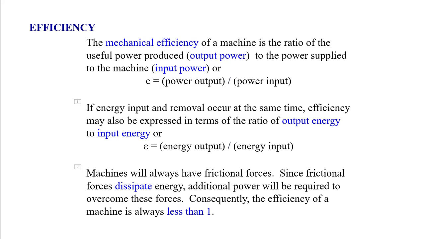And machines always have frictional forces, so we're always overcoming it. And since frictional forces dissipate energy, our efficiency of machines is always less than 1. All right. And it comes in because I am going to lose energy. It goes back to that second law of thermodynamics, which means that I can't break even. Mother Nature's a pain and I can't break even.